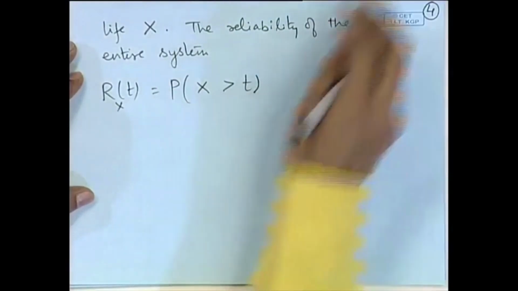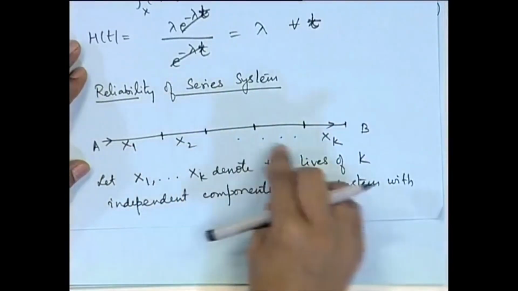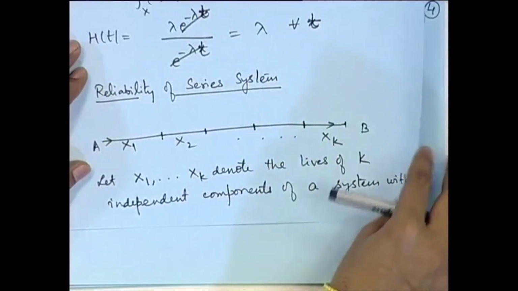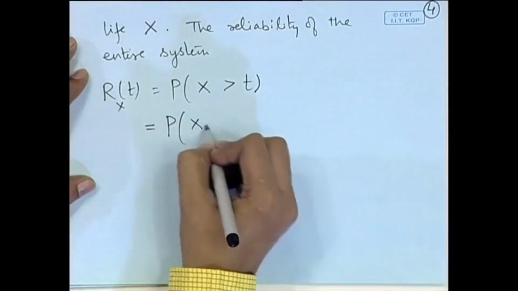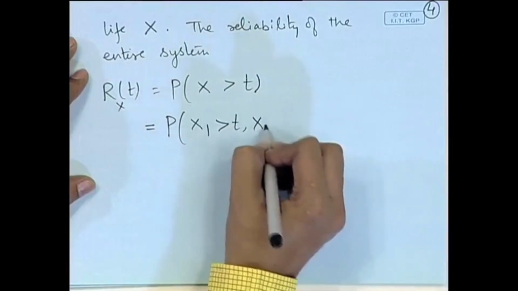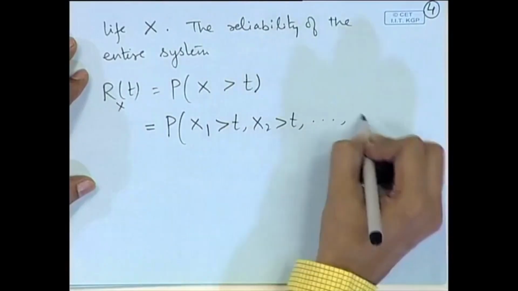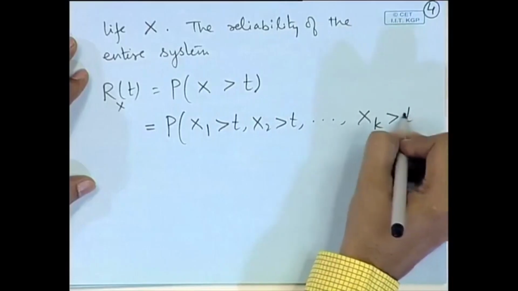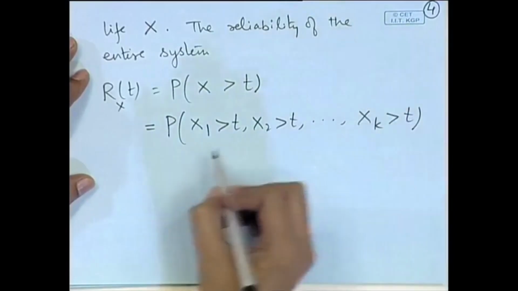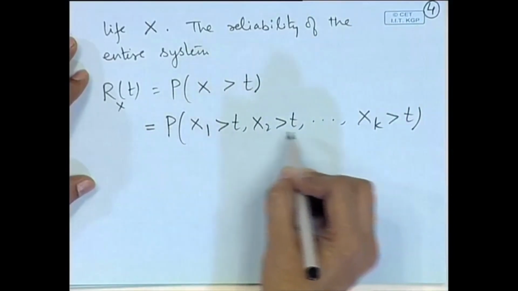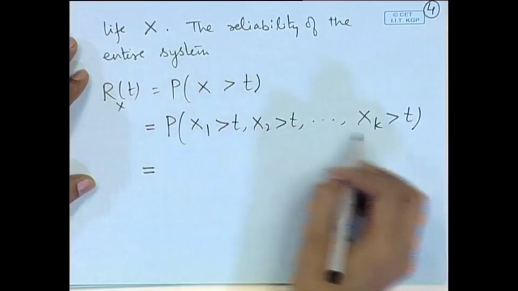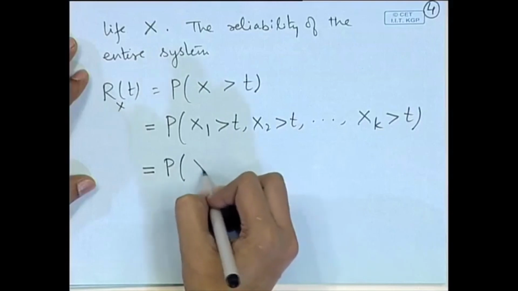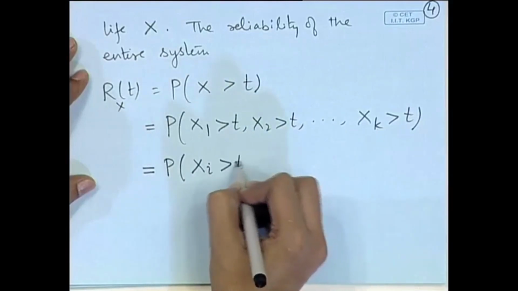However, the system will be working if and only if each of the components x 1, x 2, x k are working at time t. That means this is equal to probability of x 1 greater than t, x 2 greater than t, and so on x k greater than t. We are assuming that the components are working independently. Therefore, the probability of the simultaneous occurrence will be equal to the product of the probabilities.